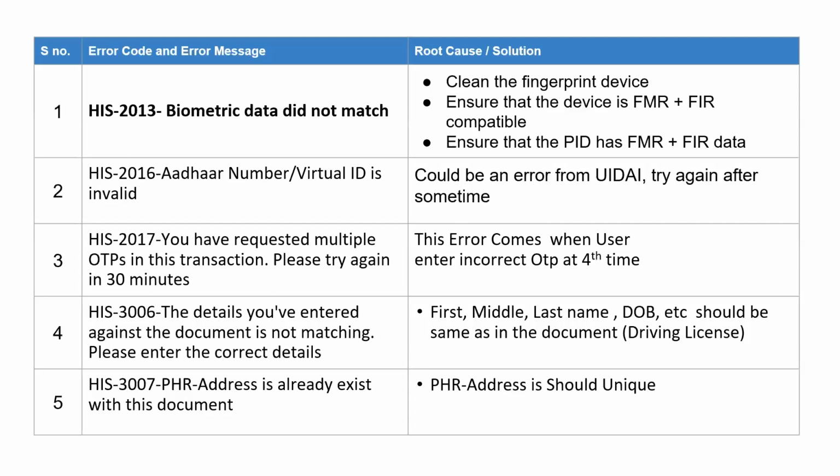Okay, HIS 306: the detail you have entered against a document does not match. Please enter the correct document. Suppose you are creating your ABHA number using a driving license, then your name, gender and everything should be as per the driving license, as in the Sarthi app.